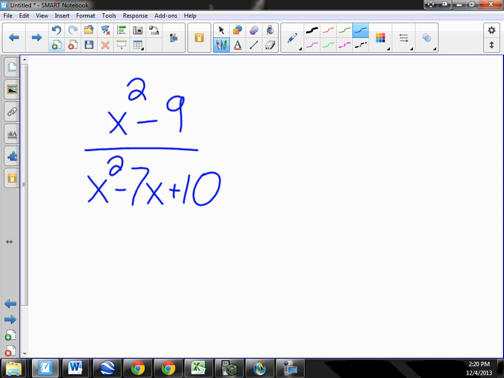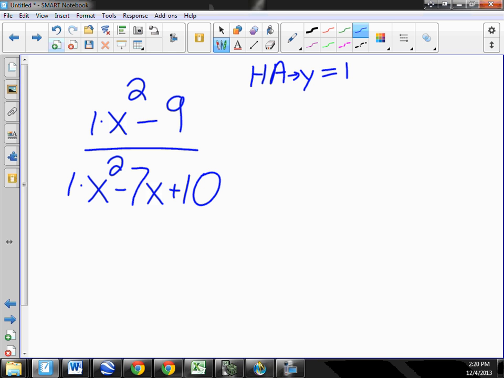Yes, at not 0, 1. Why 1? Because the degree of the top is equal to the degree of the bottom, so we take the leading coefficients, which are both 1s. So it's 1 divided by 1, which is 1. So my HA is y equals 1.